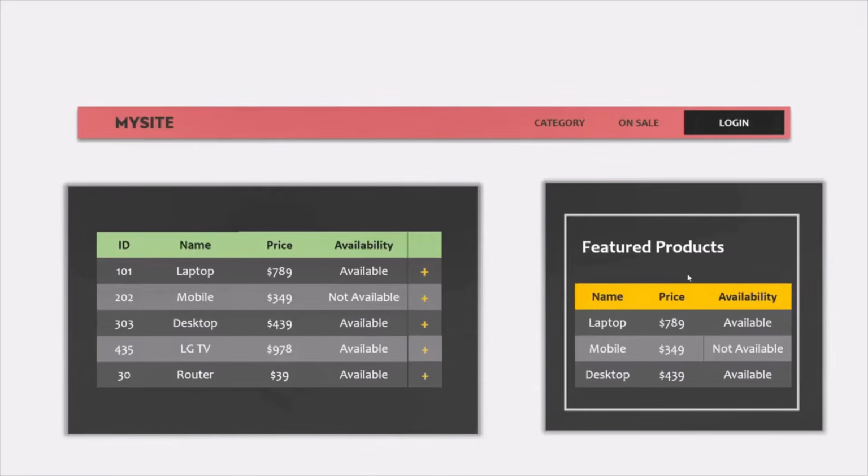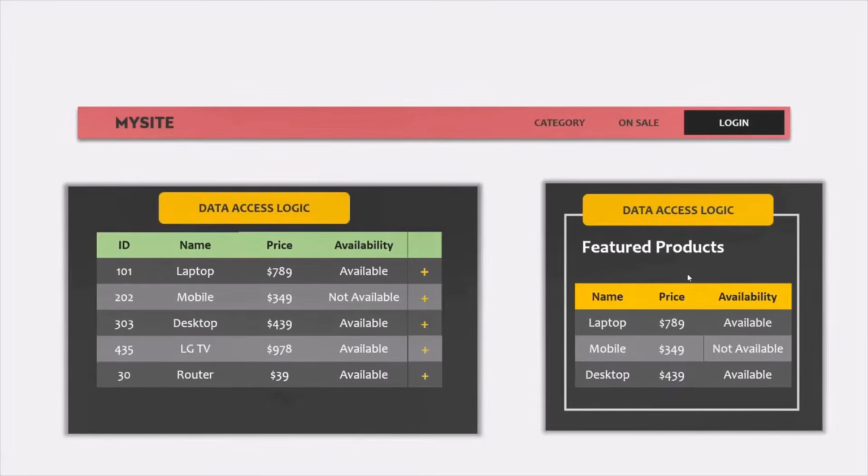So in order to display these products, we need to make an API call to fetch product data. And to make the API call, we need to write the data access logic in our Angular application. Now, without services, we will have to write that data access logic in both of these components where we need to display the products. In this way, again, we will repeat the same code in both the components and we will violate the DRY principle. And also, we will be writing business logic in the component class, which is another disadvantage.